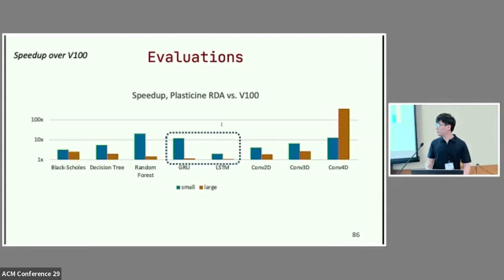We observe roughly the same pattern when mapping the GRU and LSTM applications, and since these applications have higher data reuse, Plasticine roughly matches the performance of V100 on the large setup of GRU and LSTM.